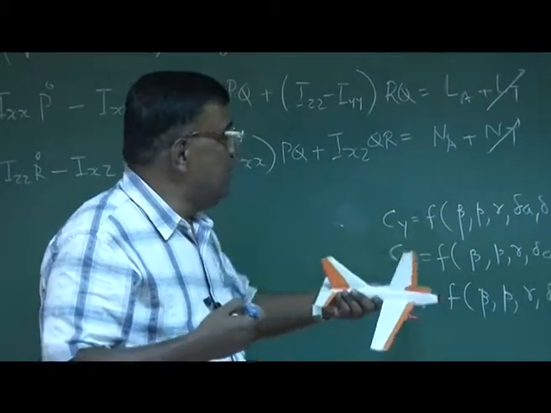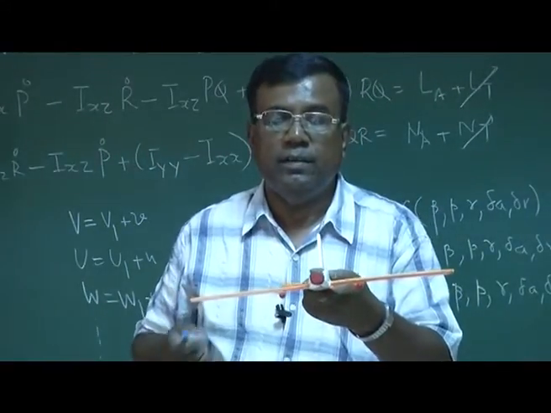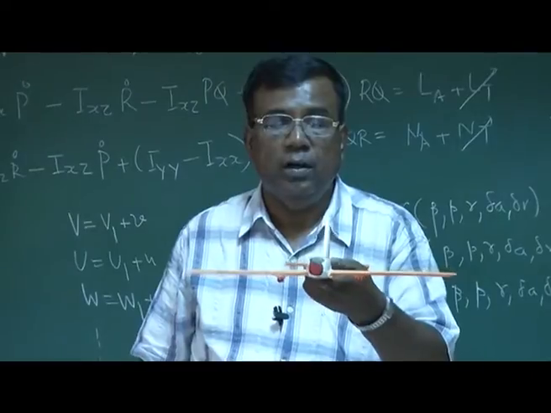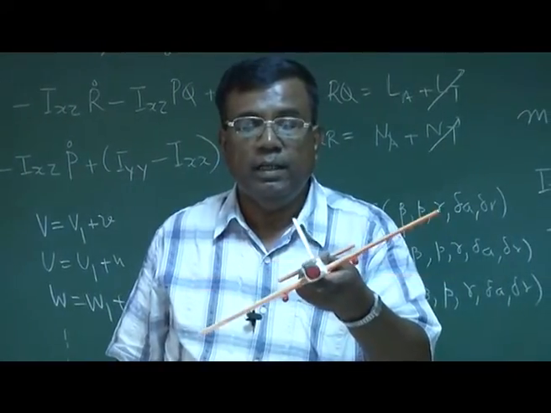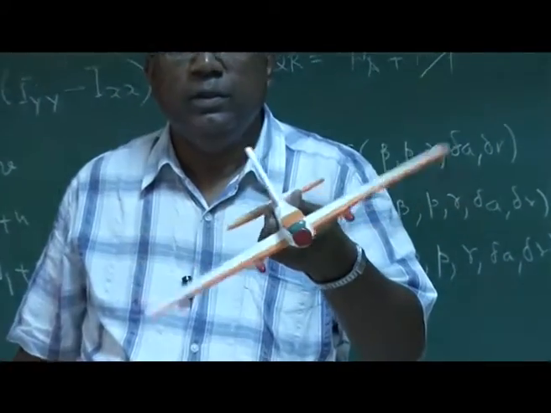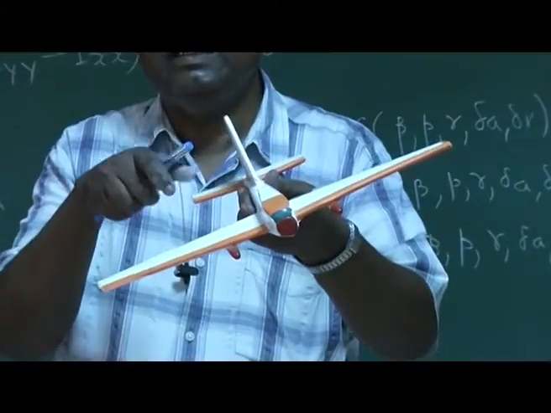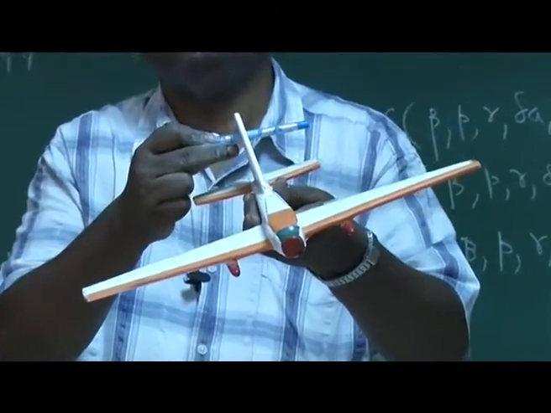Now the question is, is Cy a function of P? So let us see, we are trying to visualize whether Cy is a function of P or not. What is P? P is roll rate, right wing going down like this. Please note down, as the right wing is going down, this vertical tail is also going down. So it is pushing the air in this direction. So it will also experience a force in this direction.